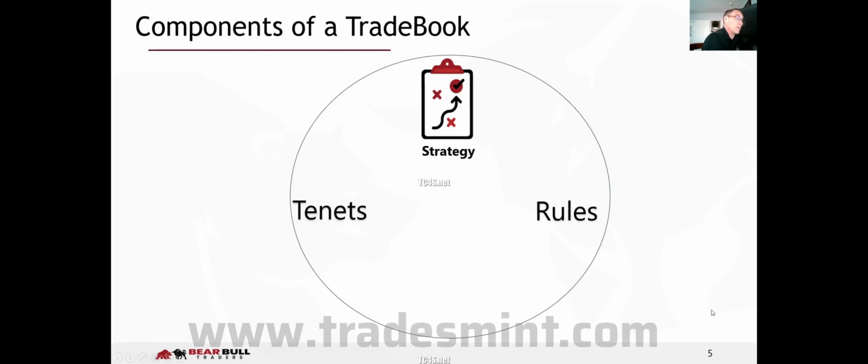Then you have your trading rules. Now, these rules that are here are specific to this strategy. They are different than your overall trading rules. Your overall trading rules are for the entire day. The rules I'm talking about here are specific to a strategy, okay? If you trade ABCD patterns, there may be a specific type of volume setup that you're looking for.